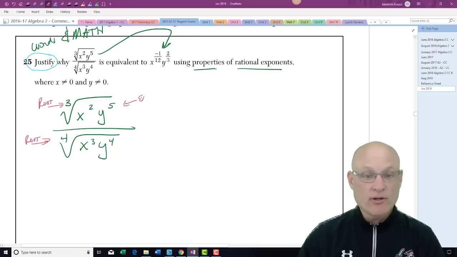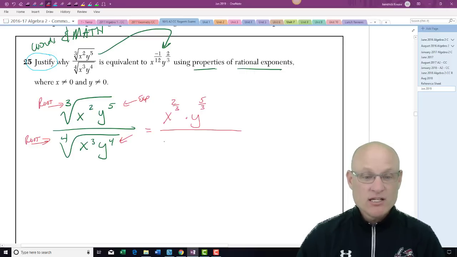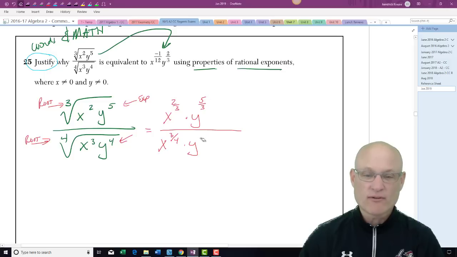These are the exponents. So this can be rewritten as x to the 2/3 times y to the 5/3, over x to the 3/4 times y to the 4/4, but that's just y to the first, right? 4/4. I'm going to just write y to the first.